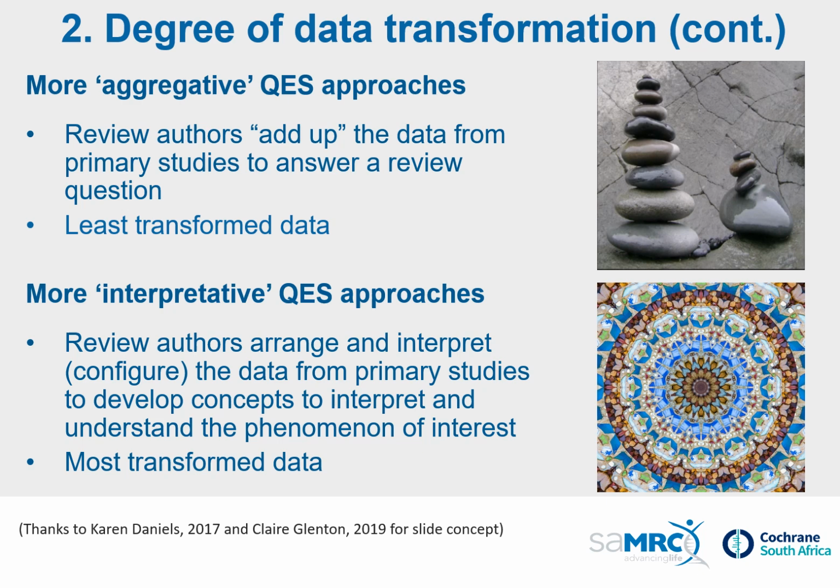In direct contrast, more interpretive QES approaches involve authors rearranging and interpreting or configuring the data from primary studies. This is done to develop concepts for interpreting and understanding phenomena, and here the data from the primary studies undergoes a lot of transformation and interpretation. So that's a second way of distinguishing different QES approaches from each other.